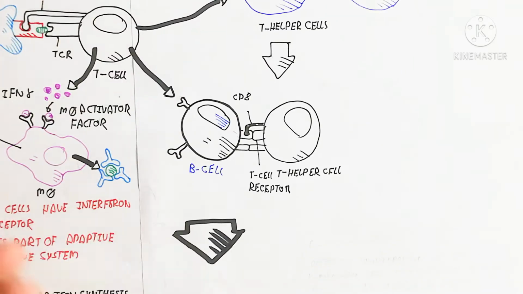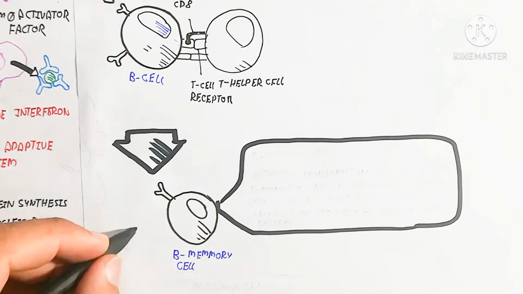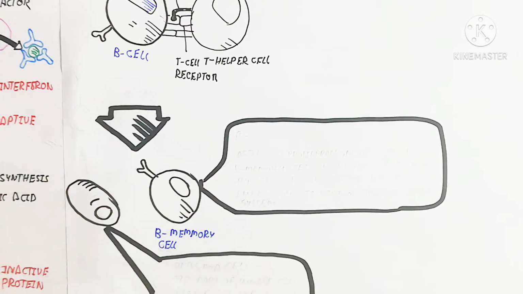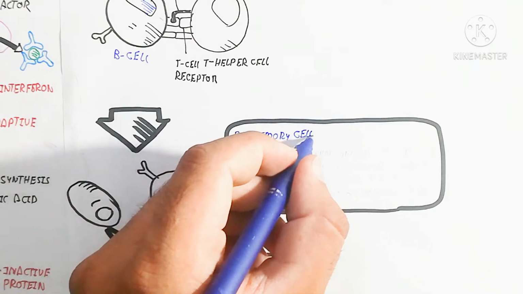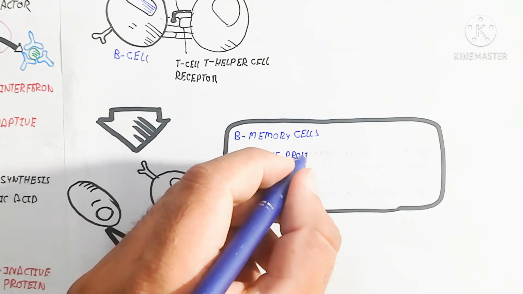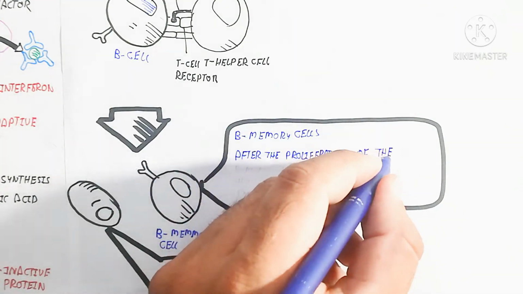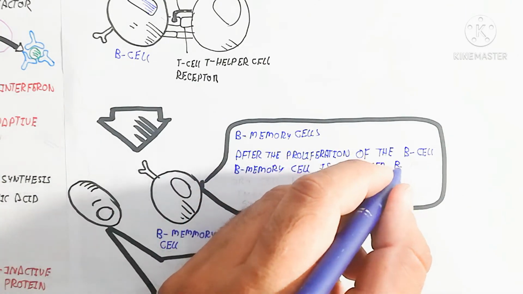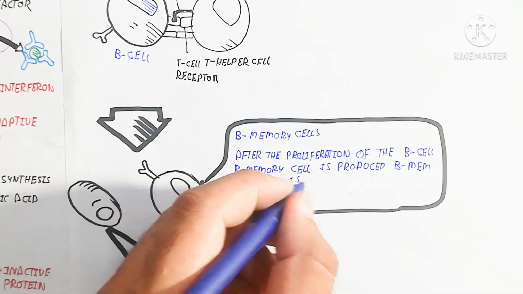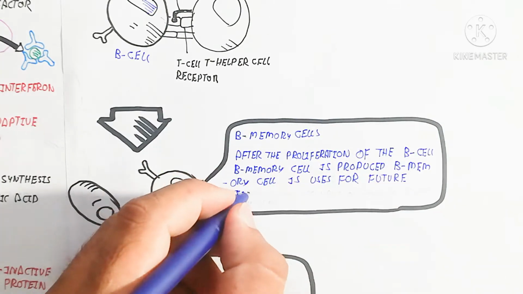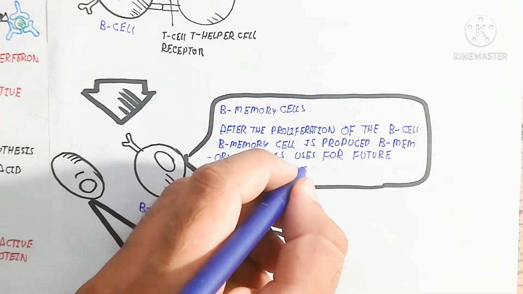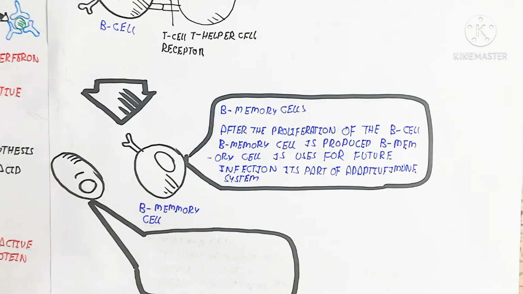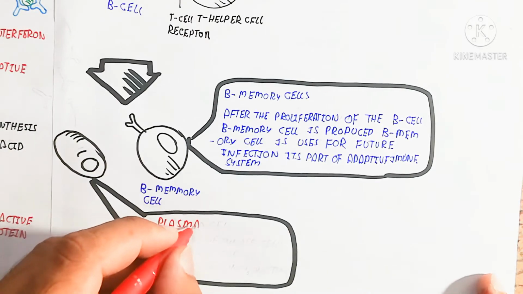which binds with the macrophage and activates the macrophage to engulf. There is also proliferation of B cells through recognition of the antigen. The B cell proliferates as the T helper cell receptor binds with the B cell after recognition of the antigen from the dendritic cell, leading to B memory cell and plasma cell proliferation. After recovery from the infection, the B memory cell provides precaution and alertness for the next infection by producing antibodies, immunoglobulins.